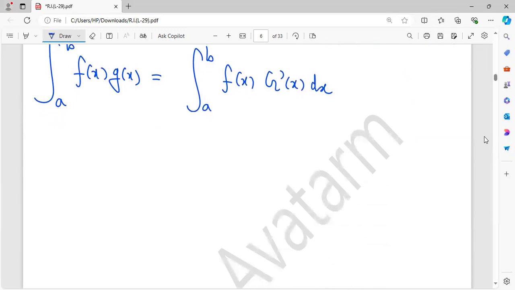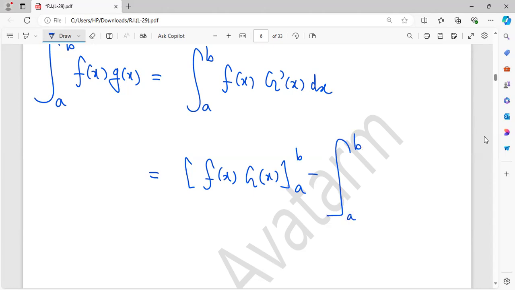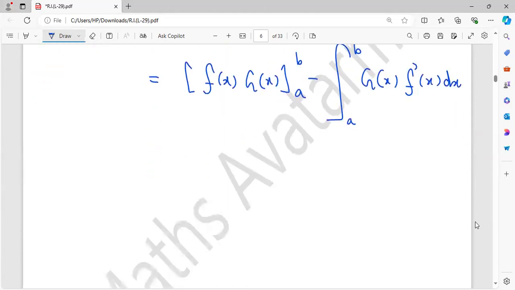Now by integration by parts, first function, the integration of second function G dash, f x G x from a to b minus integral G x f dash x dx. Now what is this?